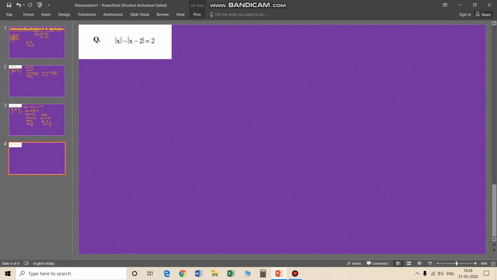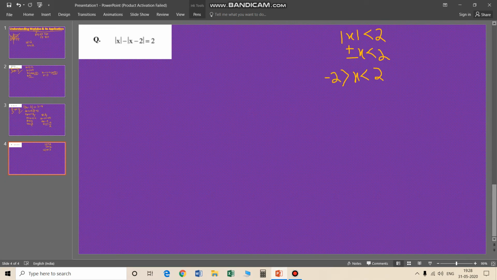For solving any inequation with modulus, let modulus of x be less than 2. We will check it only like this: plus minus of x we will take here. On the RHS we would take it there, on the LHS we will take it here. Then it will come to be x less than 2 and greater than minus 2.